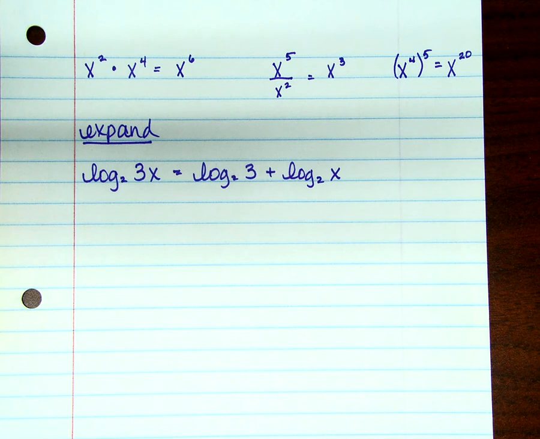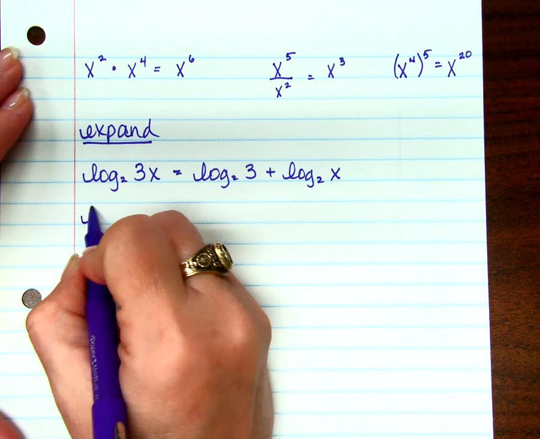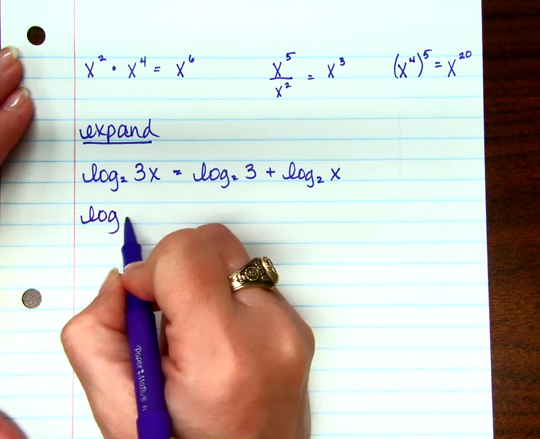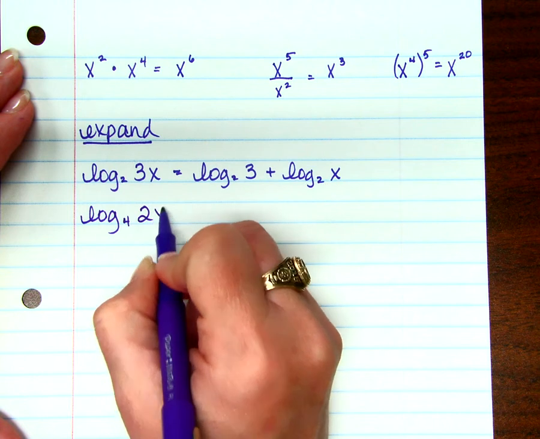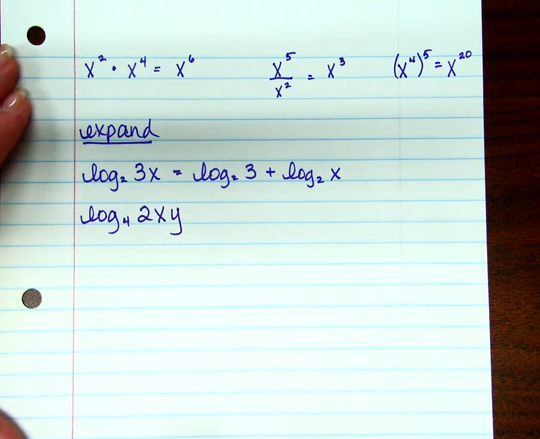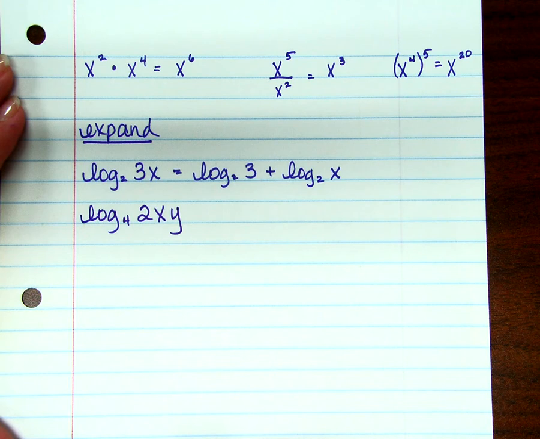What if it gets more difficult, though? Do we panic? No. You can panic a little bit. That's fine. But then we get back to work. Okay? Log base 4 of 2xy. Ooh, that's way more difficult.